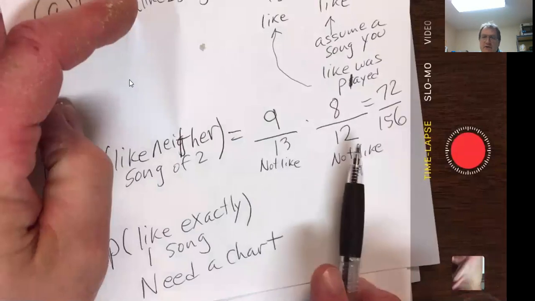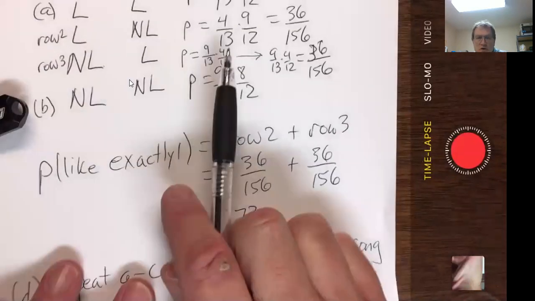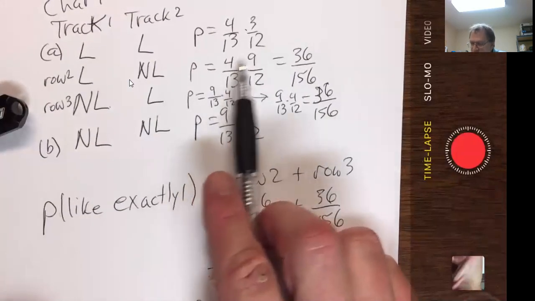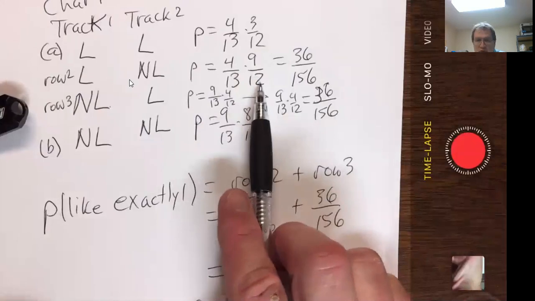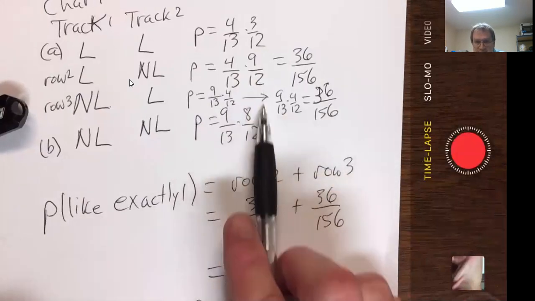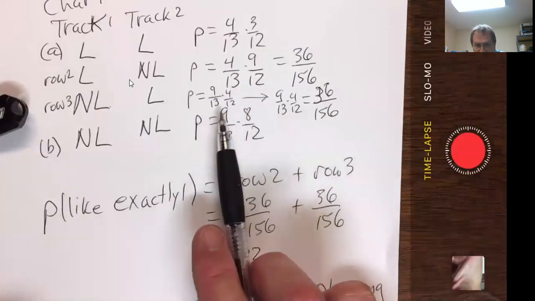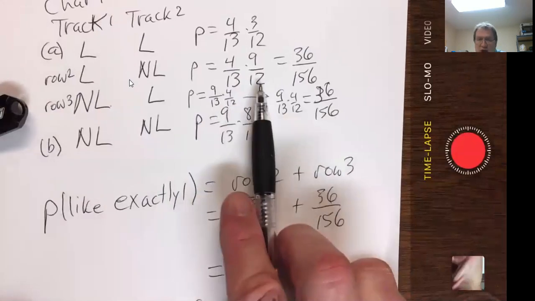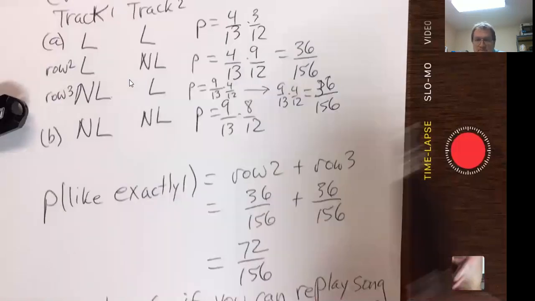This will stay 9/13 if you can replay it. And then up here, row 2 and row 3, the 4 and 9 will stay the same, but your 12 will stay 13, there and here, because you can replay the track. There are still 13 tracks in the pool to be played on the second one, just like the first one.